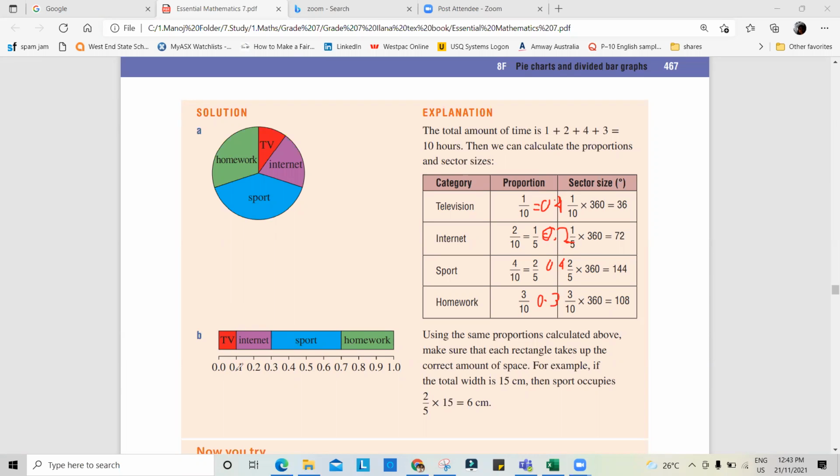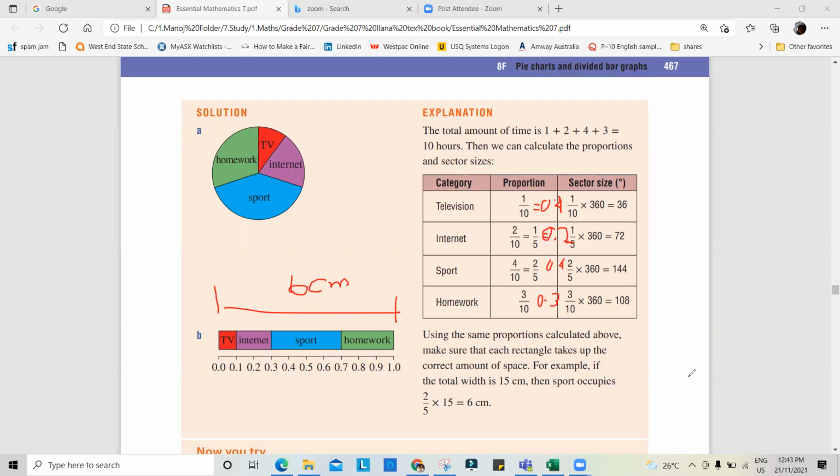The TV is 0.1, but you can pick a length. Now in this example, they said the total length is 6 centimeters. Then because you have the portion or decimal, you can find out how much the TV should be.